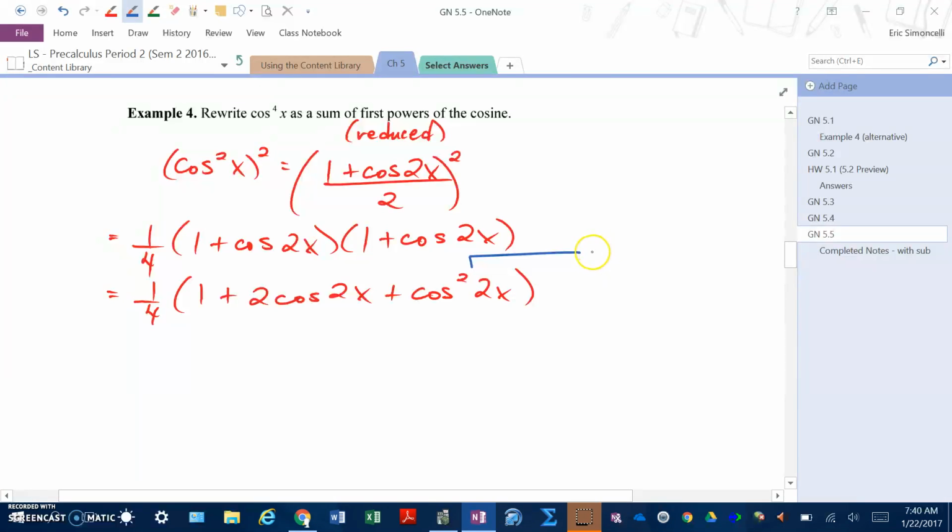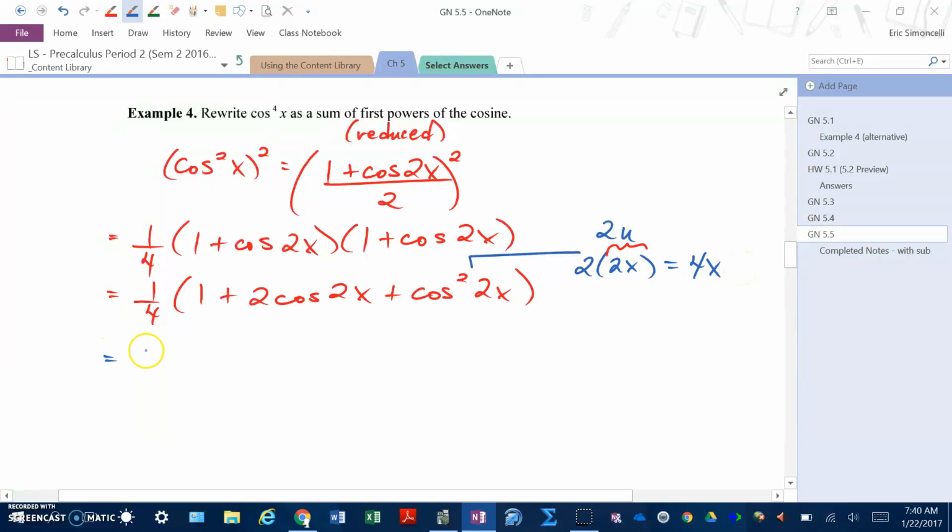The angle itself, instead of 2u, the angle itself is 2x, so 2 times 2x, or 4x, is essentially the angle we're going to interpret.